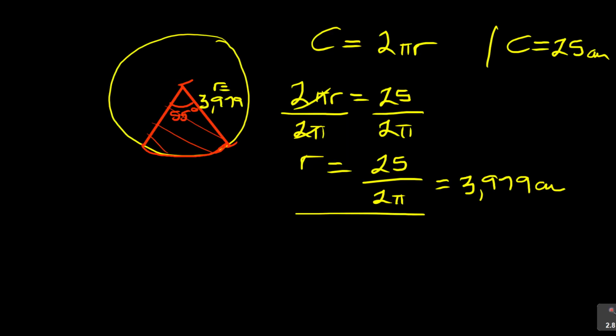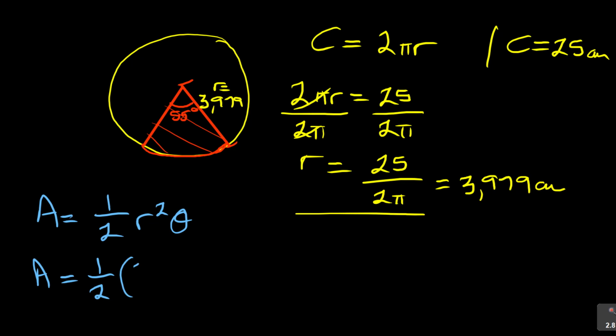So if I use it here, A is equal to 1 over 2 r squared theta. I know what r is. So r squared is bracket 25 over 2 pi squared. If you want, you could have said 3,979 squared. And then theta is 55.